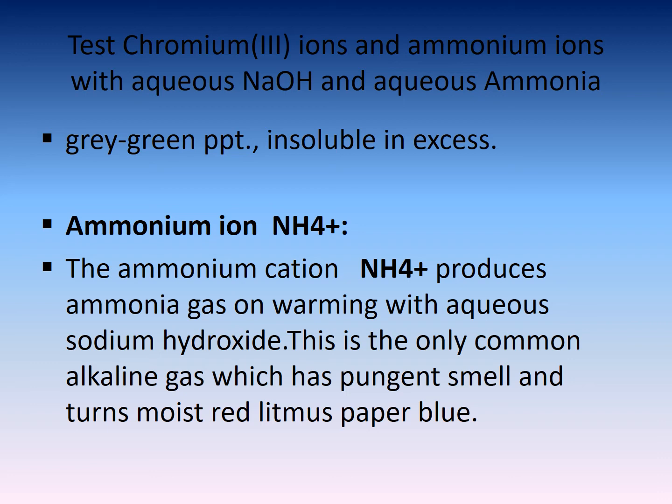The use of aqueous ammonia is very important because in case of sodium hydroxide, many of the metals produce the same precipitates. So when we test them with aqueous ammonia, we can confirm the presence of any of the cations.